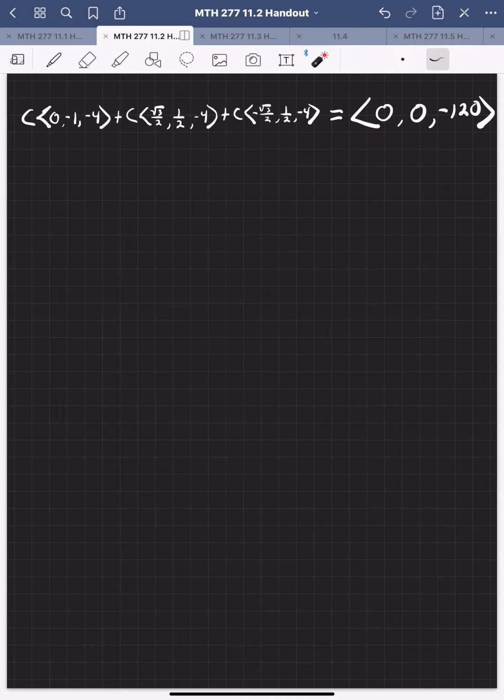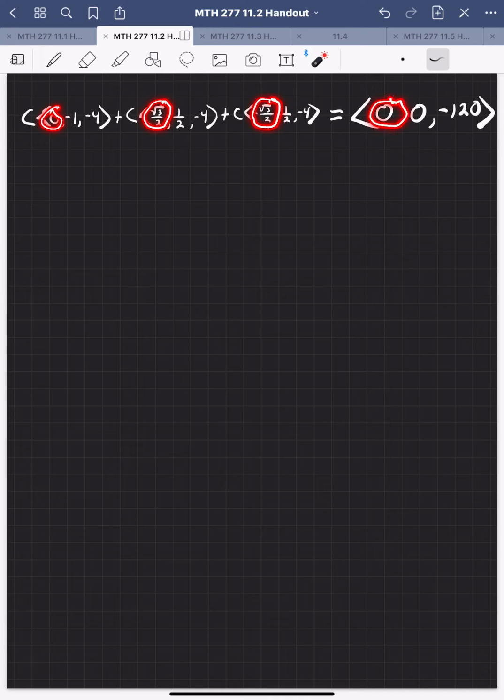So at this stage, it's time to solve for C. And in fact, this is a heck of a lot easier than you initially would think, because let's look at the x components. 0 plus the square root of 3 over 2 minus the square root of 3 over 2 equals 0.